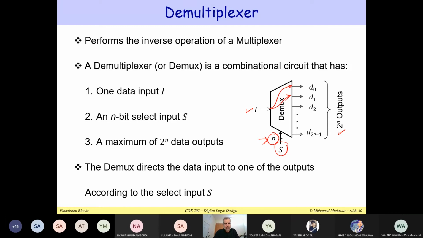When S is equal to 2, you would like to direct the input I to D2, and so on. So really the demultiplexer is directing the data input to one of the outputs according to the select input S. That's the demultiplexer. It is the inverse operation of a multiplexer. That's what it does.